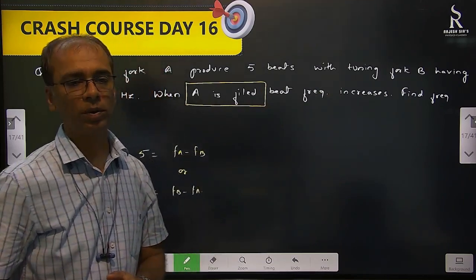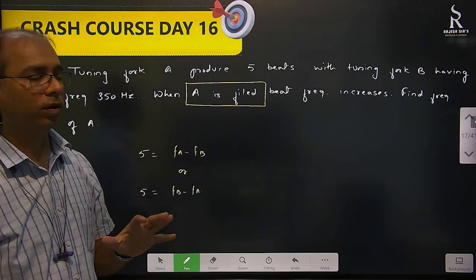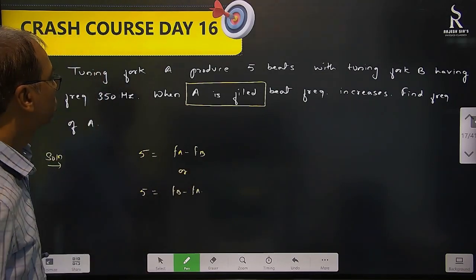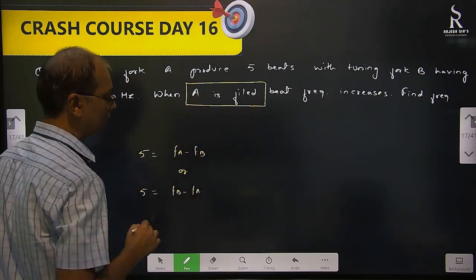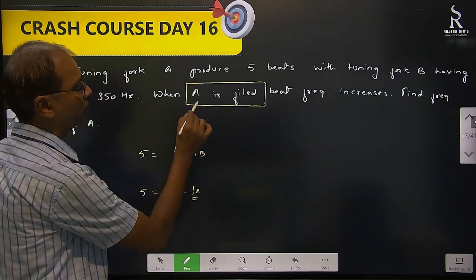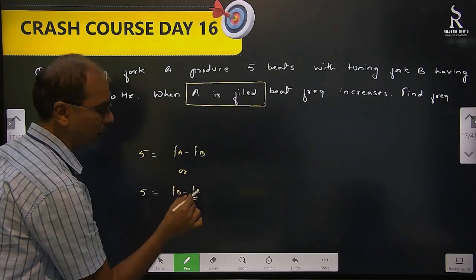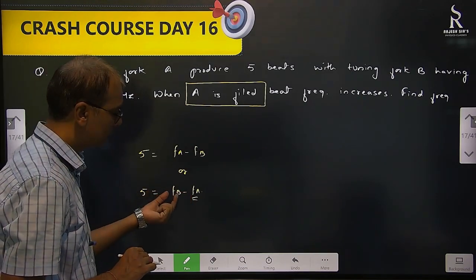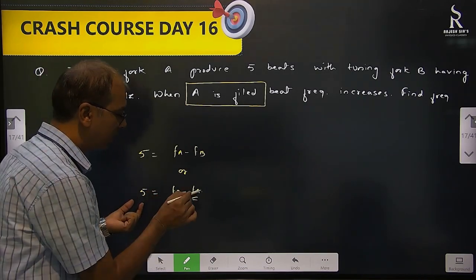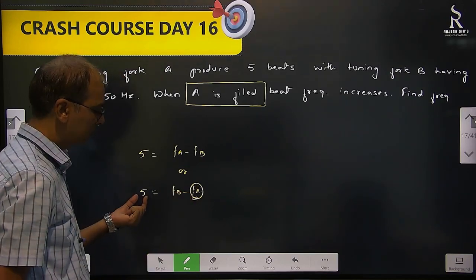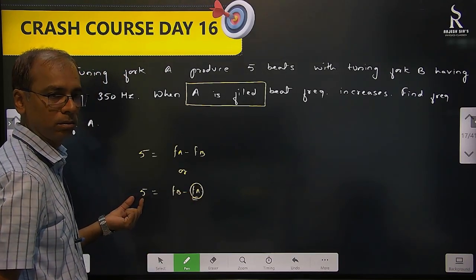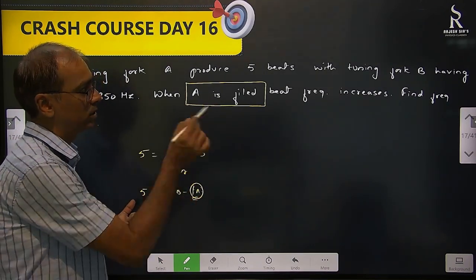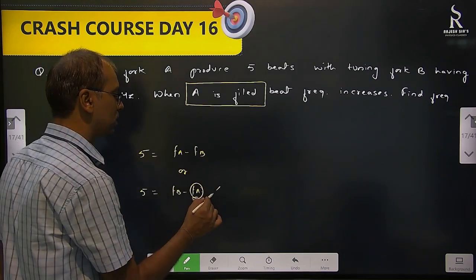Suppose FB minus FA is 5. If I increase FA, then this difference is going to decrease, but the question says it should increase. So this step is wrong.